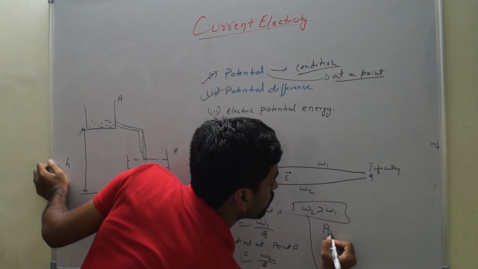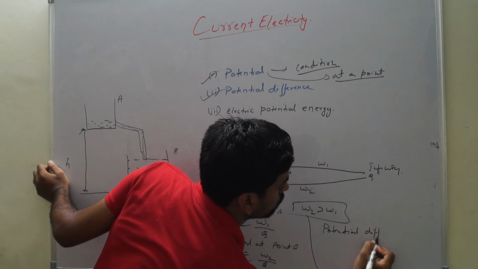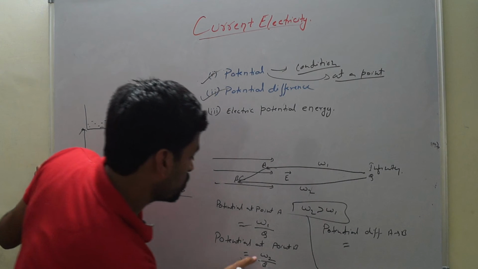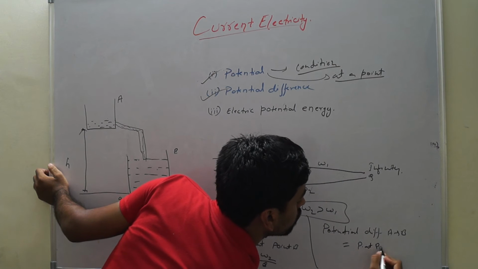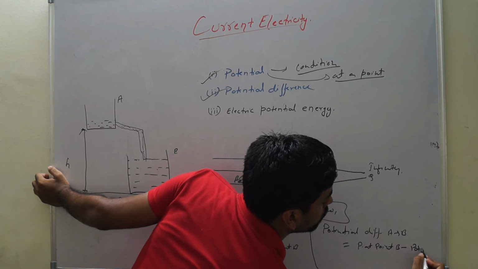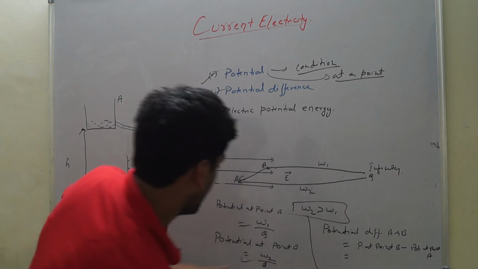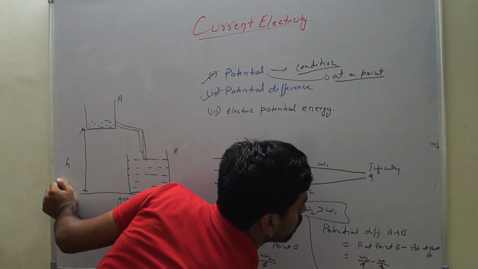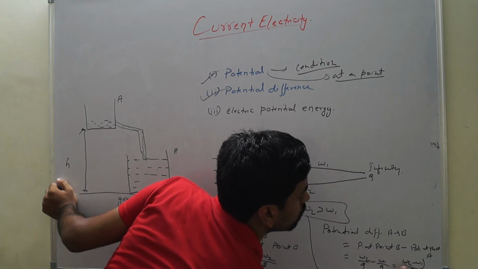So the potential difference between A and B is nothing but the potential at point B minus the potential at point A. So that is going to be W2 by Q minus W1 by Q. That is nothing but (W2 minus W1) by Q.